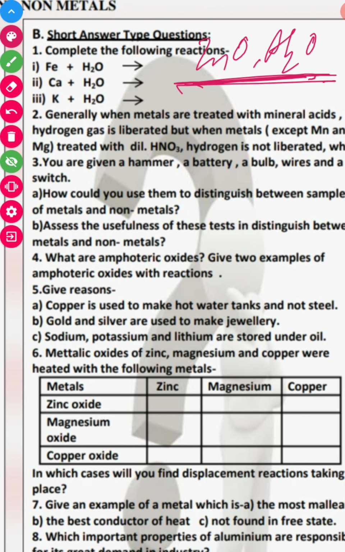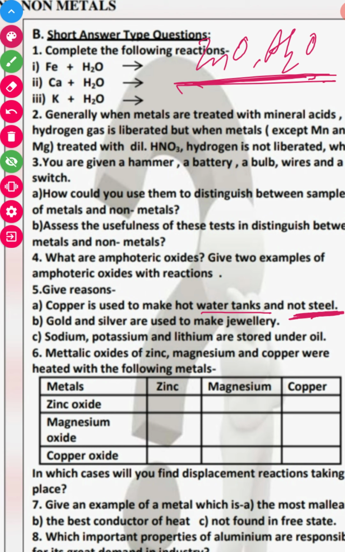Whereas iron reacts with hot water or with steam, right? So we use copper to make the hot water tank, whereas we cannot use steel.